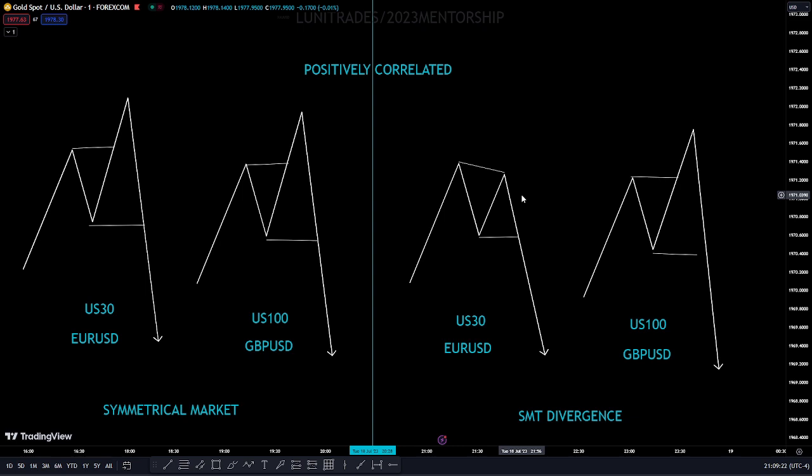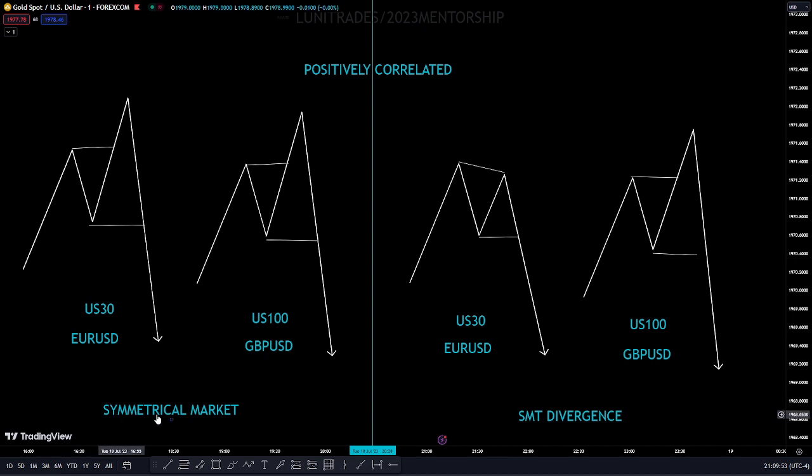At the same price and the same time, look at the point here: the market wasn't taking the high, it was making a lower low, while in US 30 it was raiding the high. So the market wasn't symmetrical.